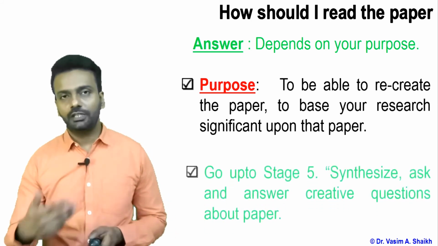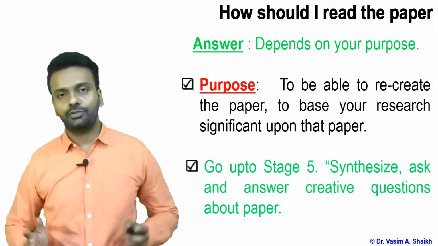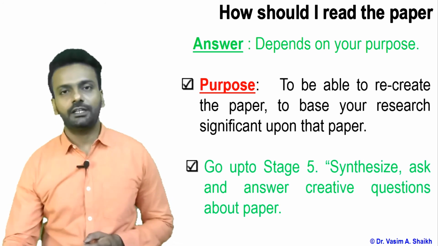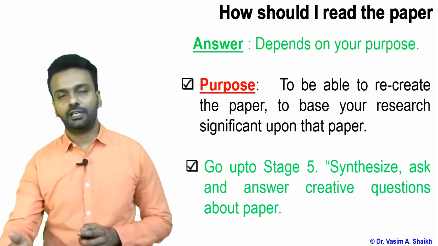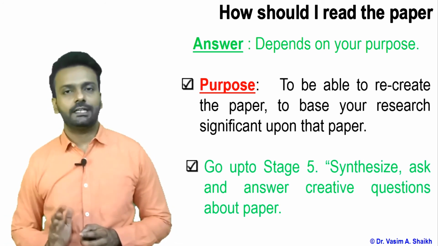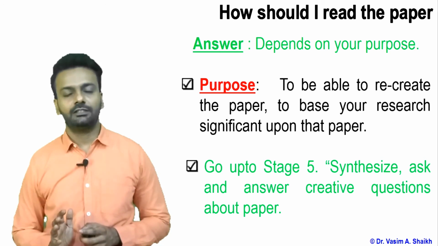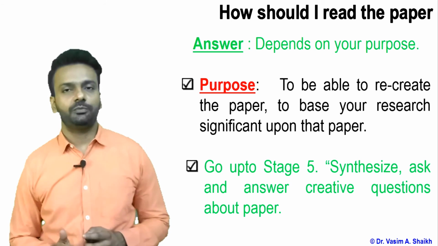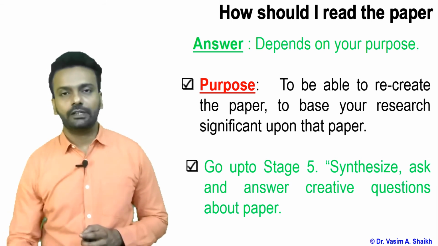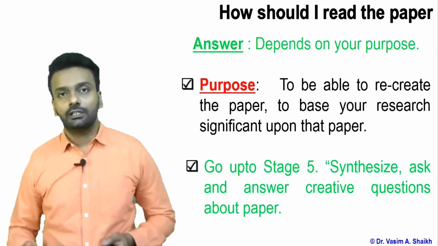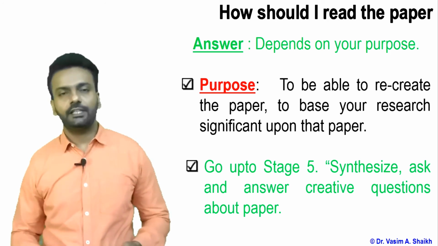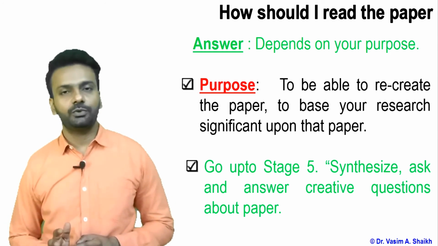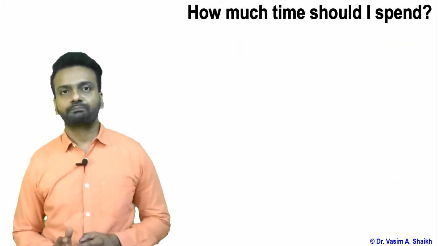So if you want to recreate the paper, then there is no option. You have to read the entire paper and go to stage 5 to synthesize the entire paper. You can't escape any point in the paper. Unless you do that, you cannot recreate the paper. So again, it depends on your purpose. If you want to recreate, you need to read the entire paper up to stage 5.